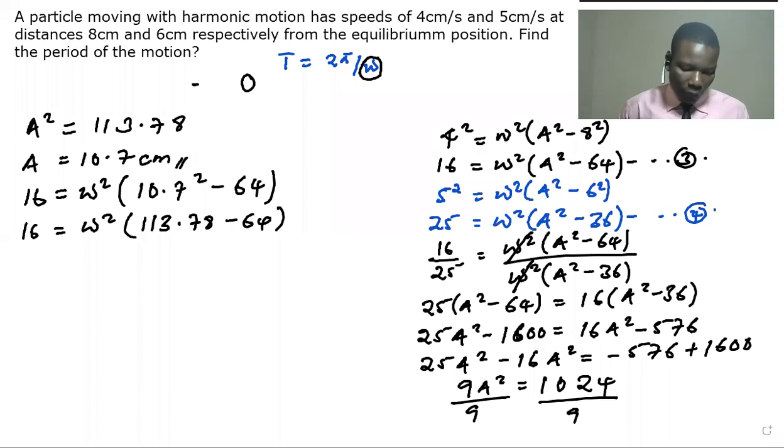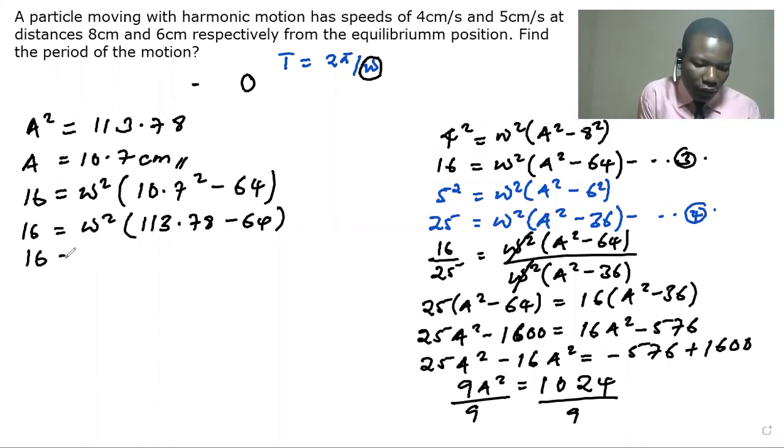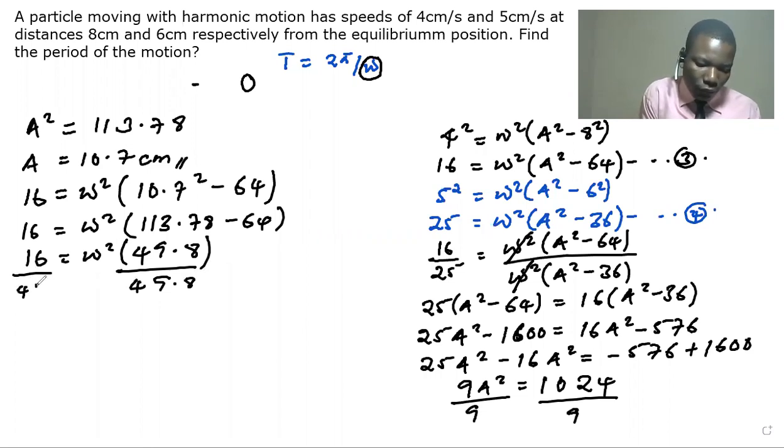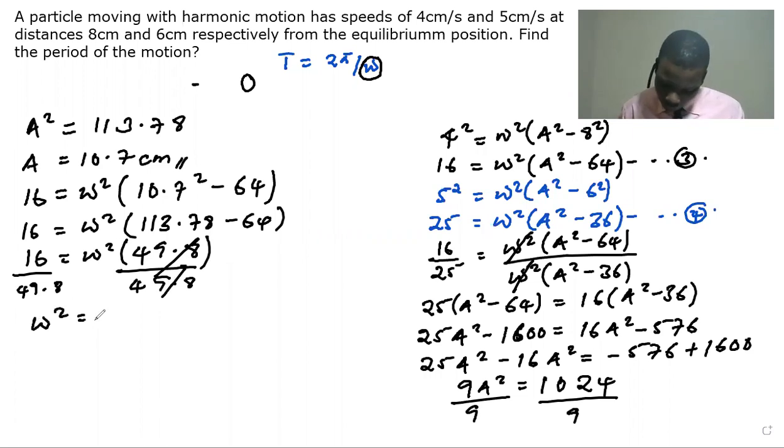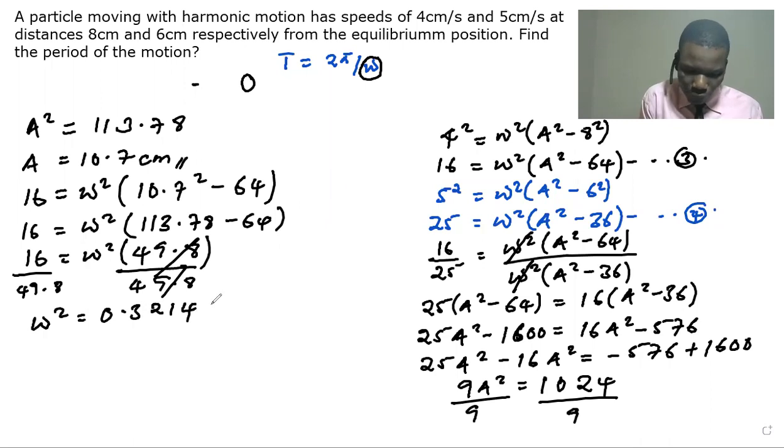So we divide throughout, and the angular frequency squared is 0.32143.